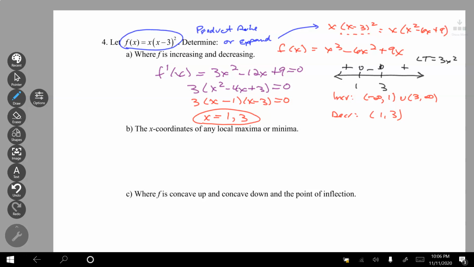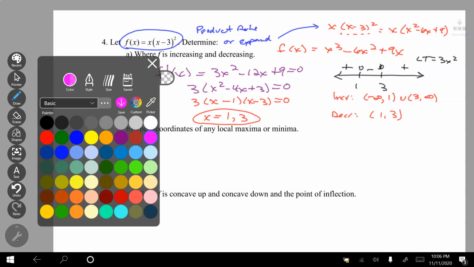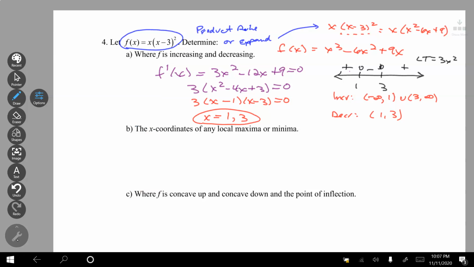Now how can I tell which one is a min, which one is a max? Well, positive, 0, negative, this is a max, and negative, 0, positive, this is a min. So I have a max at x equals 1 because my f prime goes positive, 0, negative, and I have a minimum at x equals 3 because f prime goes negative, 0, positive.